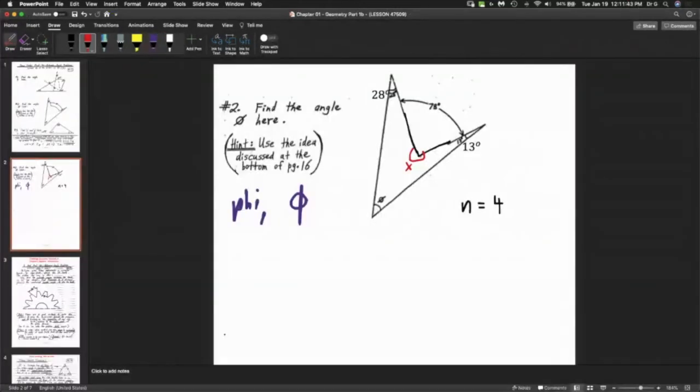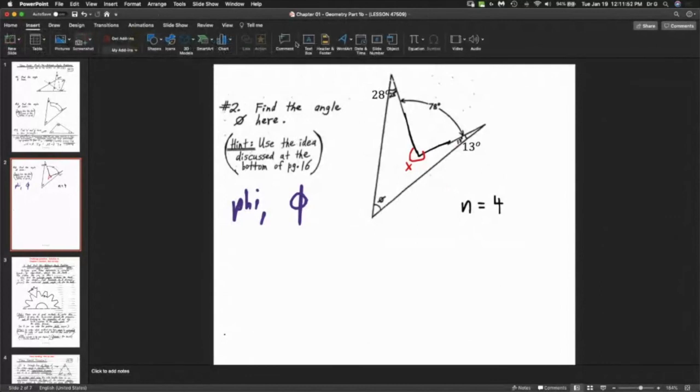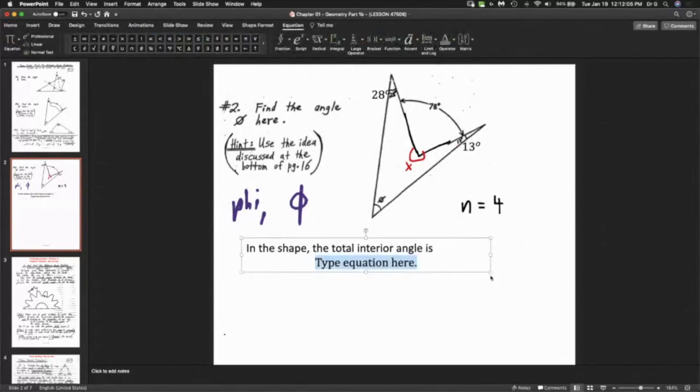All right. So we know that the total internal angle in the figure, as mentioned in the chat, thank you, Denny, thank you, Shalon, is n minus 2 times 180, which in this case is 4 minus 2 times 180, which is how much?